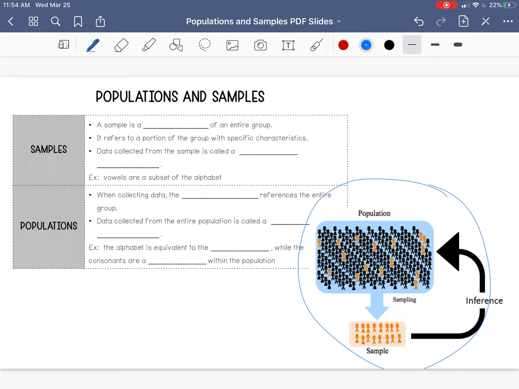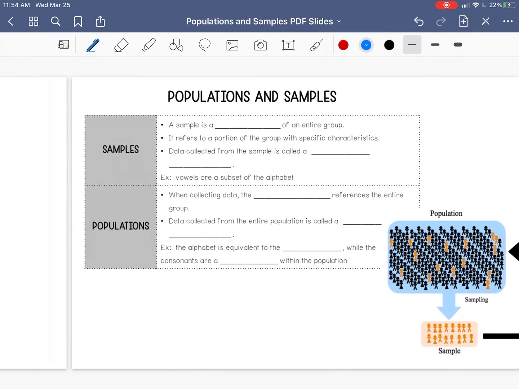If we're looking at seventh graders and their favorite sport, the seventh graders would be the population, and we're only going to sample a small part of that. If I say I'm going to sample every other seventh grader that comes to the top of the stairs in building 3, the sample would be just the kids that I'm asking, and I'm going to be making an inference, or a basic understanding, about the whole population after sampling that group.